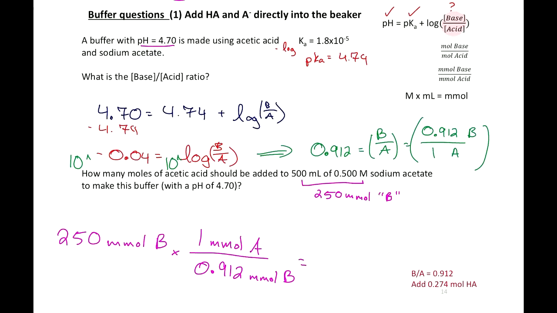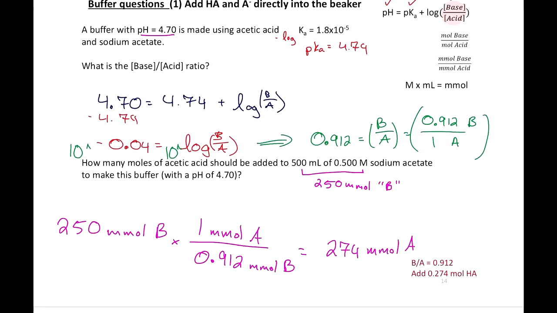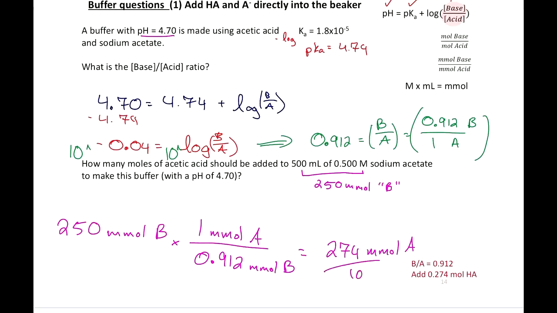And so we get like 274 millimoles of acid is required, and this question asks for moles, so now we can convert this into a mole amount. Divide that by 1,000, and we get that we need to add about 1/4 of a mole of acid, so acetic acid, to this solution to make the buffer have the correct base to acid ratio to produce a pH of 4.7.